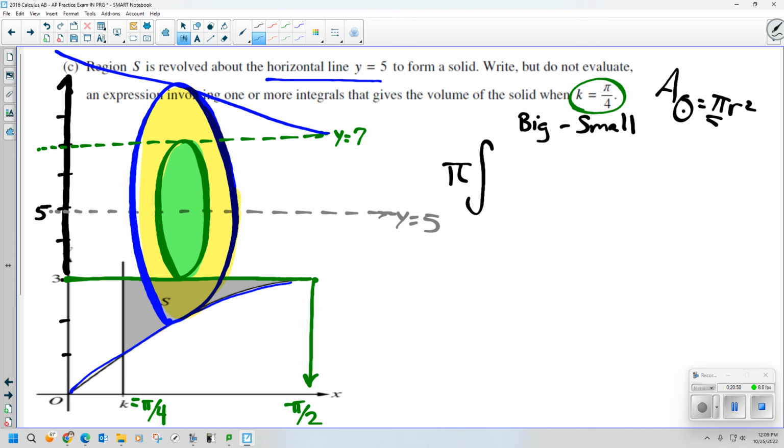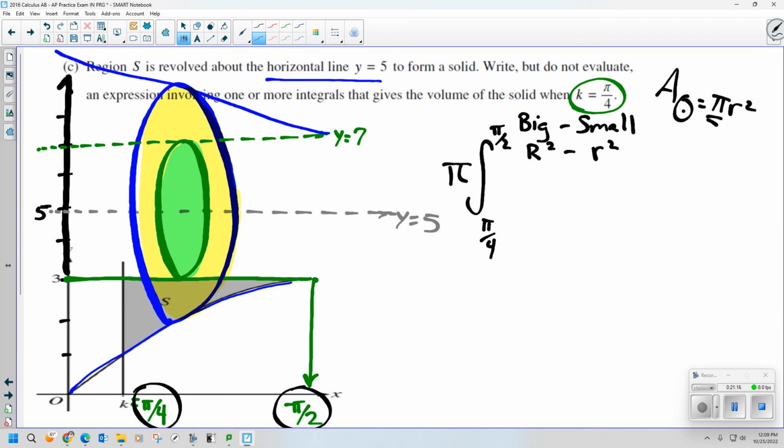All right? So my lower bound is pi over 4, and my upper bound is pi over 2. Now, this should be the bigger radius squared minus the smaller radius squared. A lot of your books might call the bigger radius capital R and the smaller radius a lowercase r.